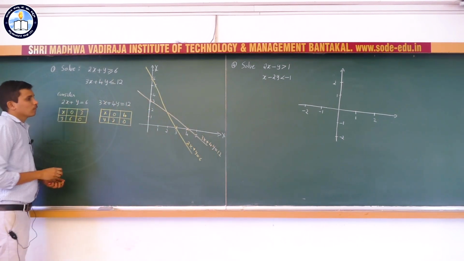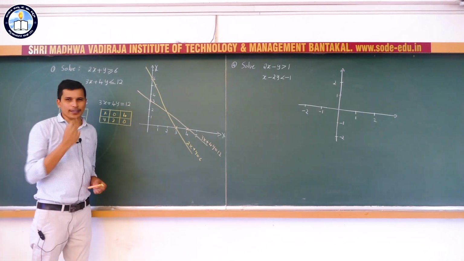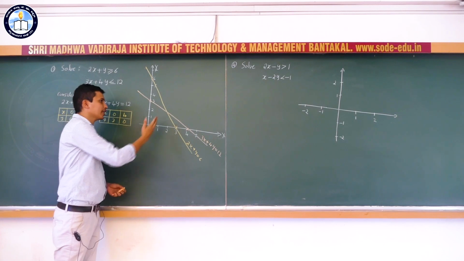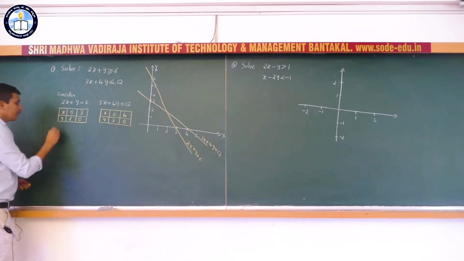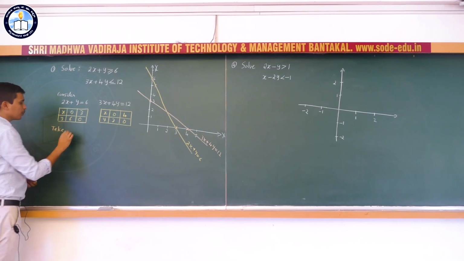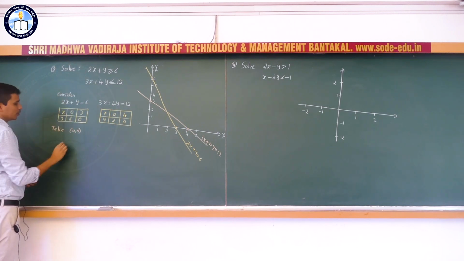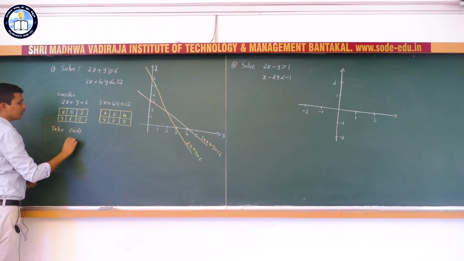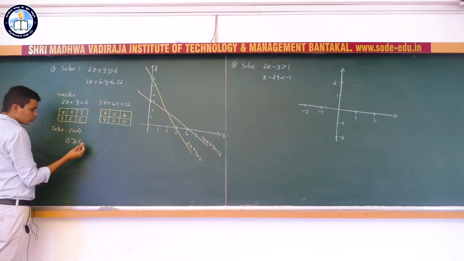Now, for that first line, once again, it doesn't pass through the origin. So I need one simple point to check this or that side of that particular line. I'll take that point for inspection purpose, that is 0, 0. Substituting this here, the left side comes 0 and the right side is greater than or equal to 6. 0 is greater than or equal to 6, whether that is true? No, right?